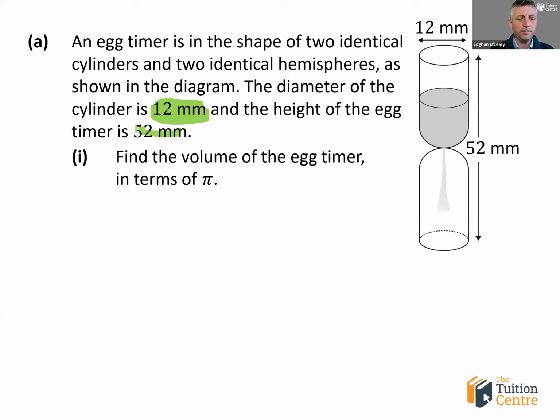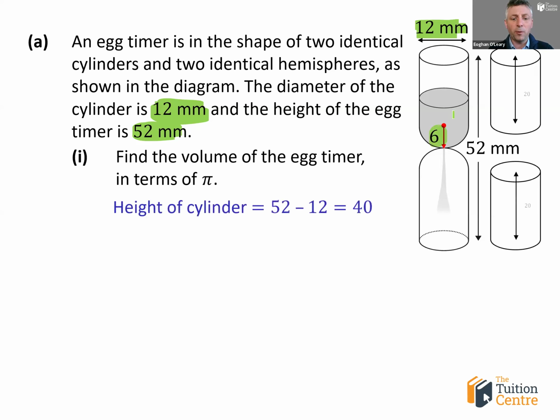So our key bits of information are the entire part is 52 millimeters and the diameter is 12. Now, the diameter being 12 is the key to allow us to figure out the rest. If the diameter is 12, that means the radius of the cylinder is 6, and so too is the radius of the hemisphere, and that means the height of that hemisphere is 6.